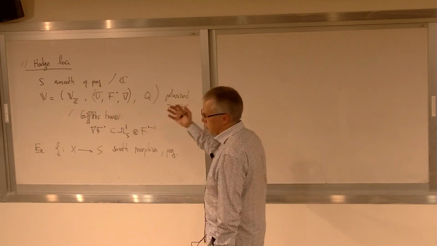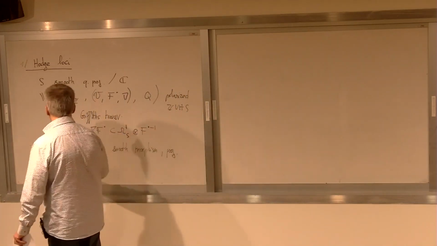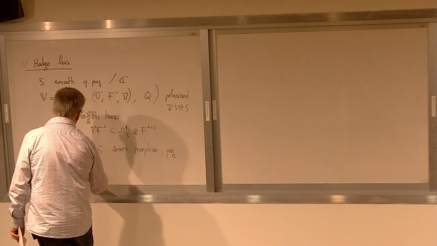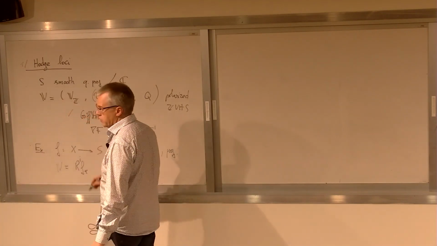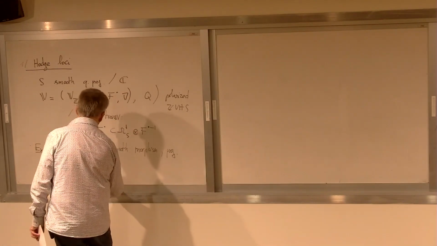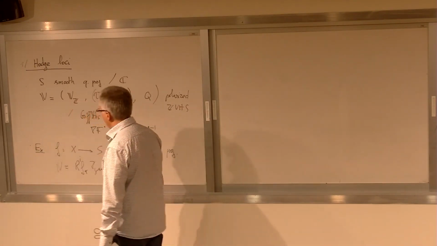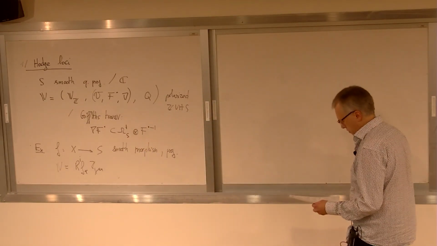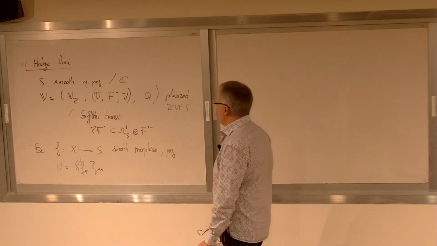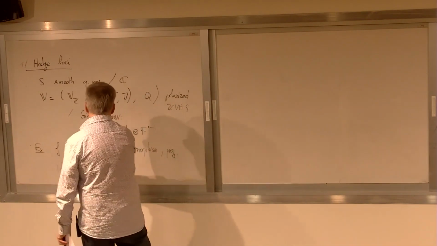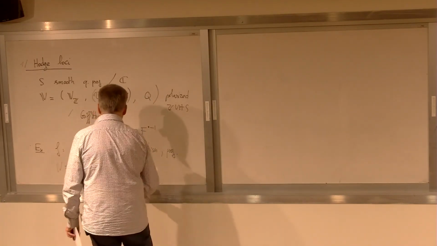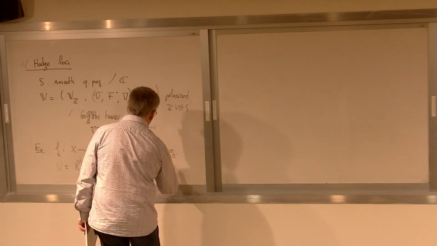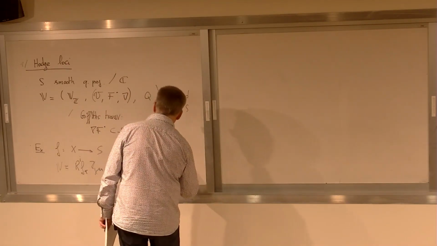Their cohomology has a Hodge structure, and the typical gadget that you get is by looking at the family of the cohomology of the fibers. You get this local system of the cohomology, and this gives you your favorite variation of Hodge structure. Maybe for those who are not familiar with this notation, this is just the family of the cohomology of the fibers for all the points s in S.